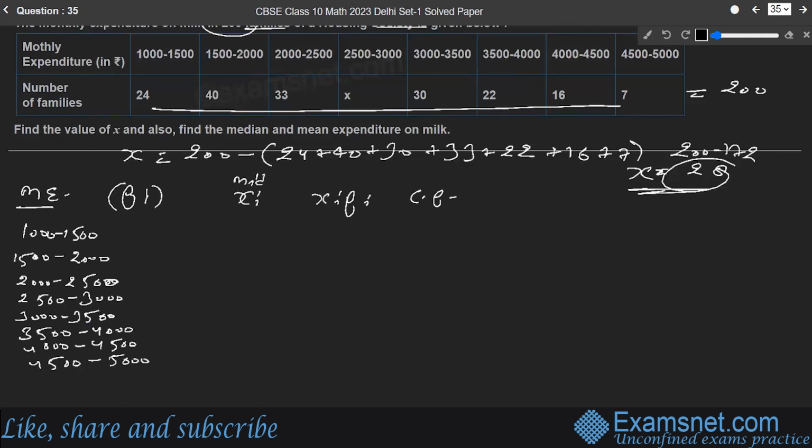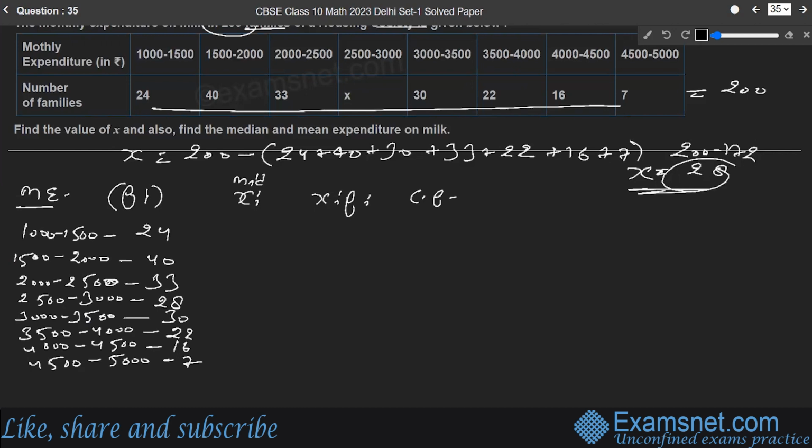These are the ranges. Let us write the frequency values as given in the question: 24, 40, 33, the x value we have calculated 28, then 30, 22, 16, and 7.